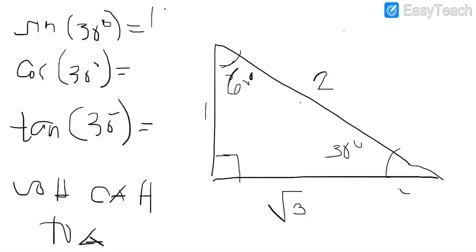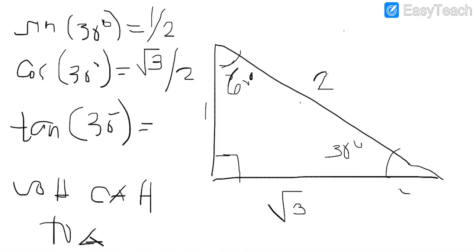So this is 1/2. Next, the cosine of 30 degrees, CAH. The cosine of 30 degrees is equal to the adjacent side, square root of 3, divided by the hypotenuse, 2.